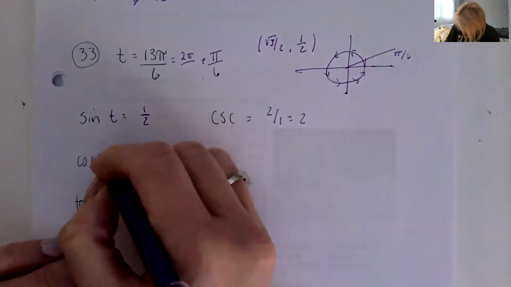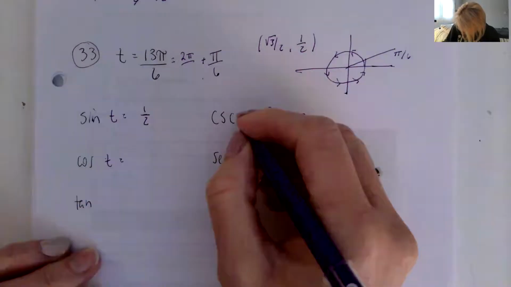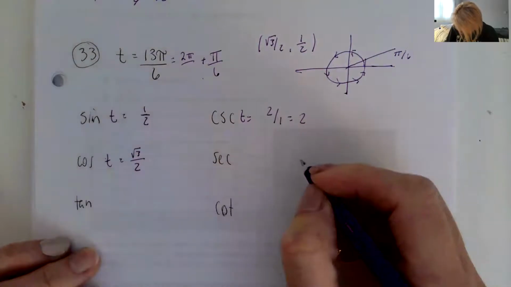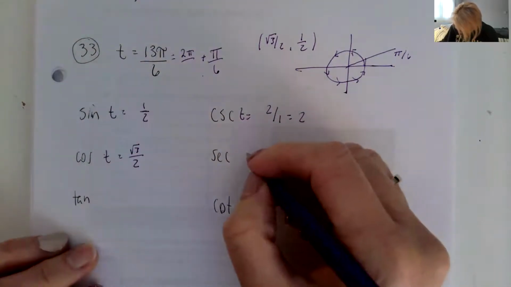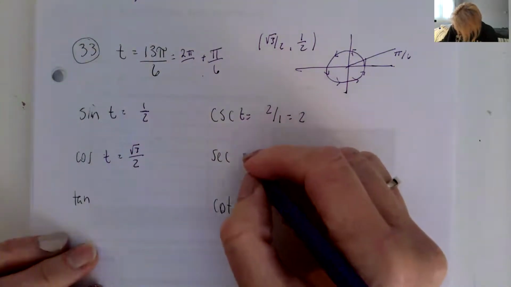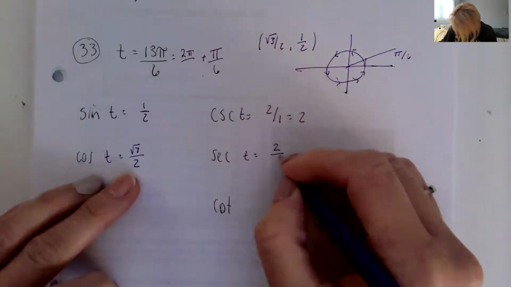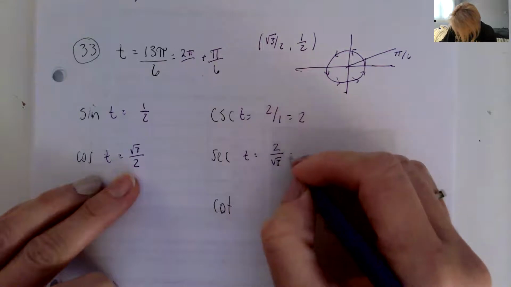Cosine of t is square root of 3 over 2, and that means secant of t is the reciprocal, 2 over the square root of 3.